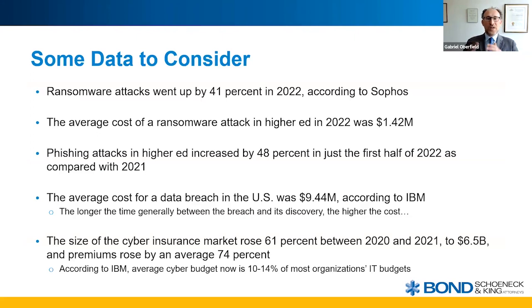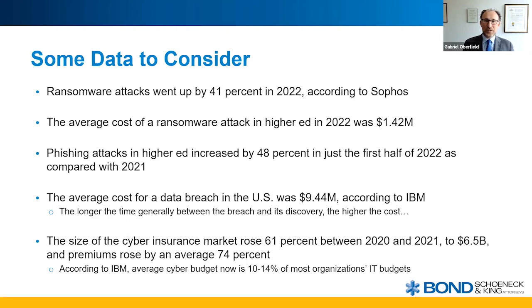So let's talk about the context, why that market became so unsteady. During 2022 alone, according to Sophos, there was a 41% increase in ransomware attacks. The average cost of these attacks in 22 in the higher ed space was about $1.5 million.